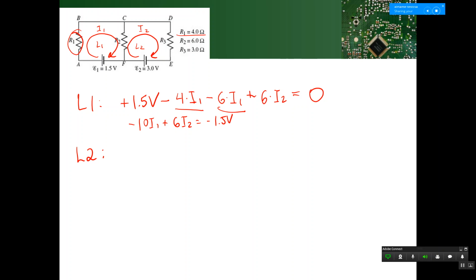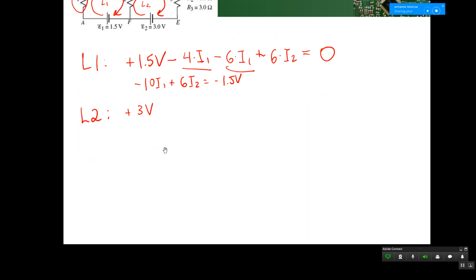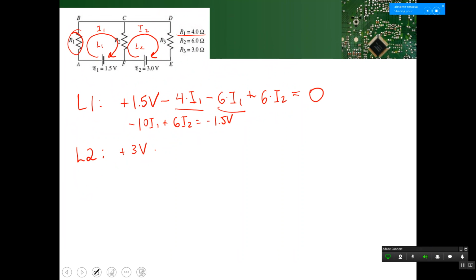Loop 2, I start off with a gain of 3 volts. So I'm gaining 3 volts here. Then I'm dropping whatever that is, but I'm also gaining that because that one's going in the opposite direction. So let's talk about the R2. It's going to be minus 6I2 plus 6I1.